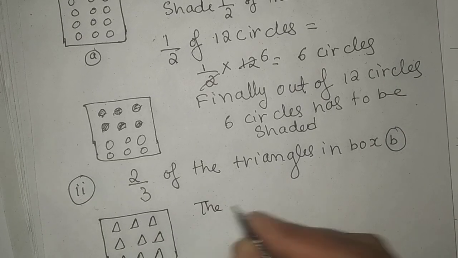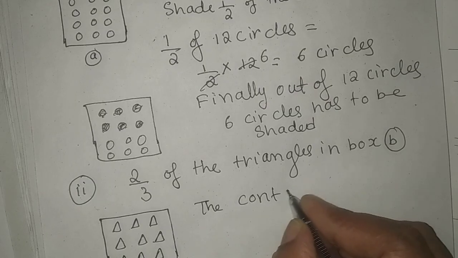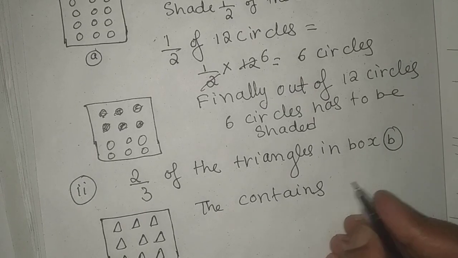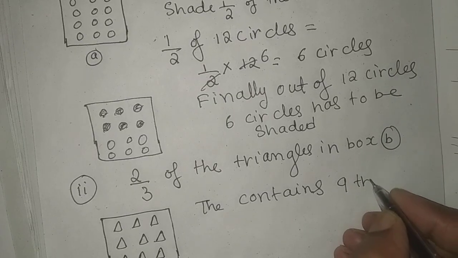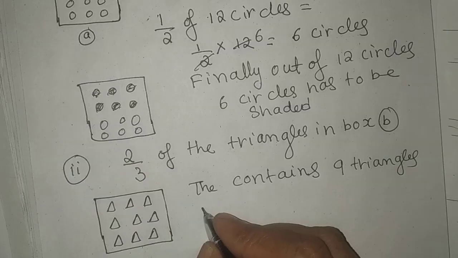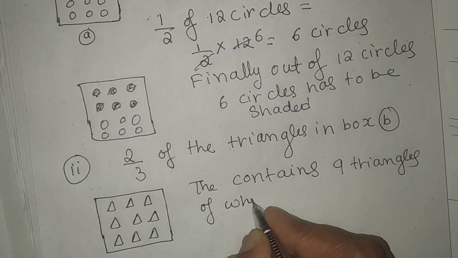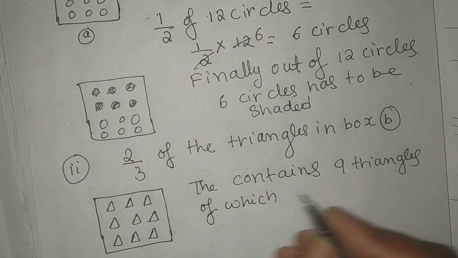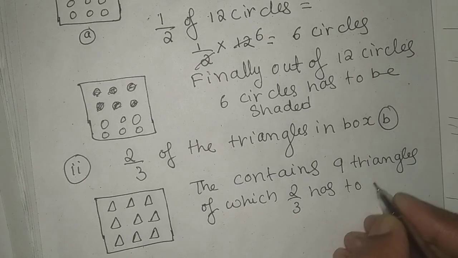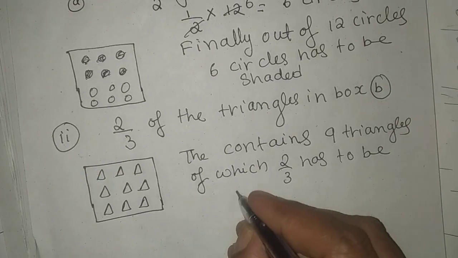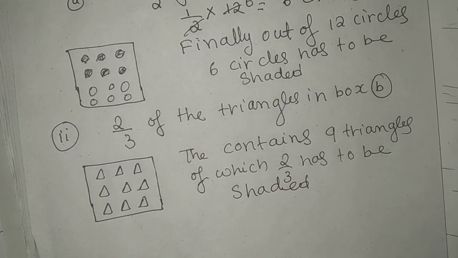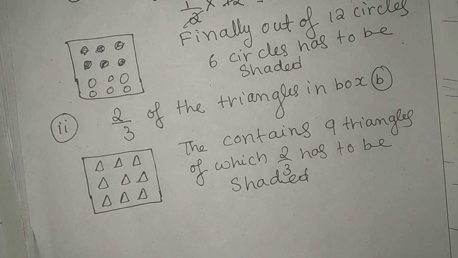The box contains 9 triangles, of which 2/3 has to be shaded. 2/3 has to be shaded.